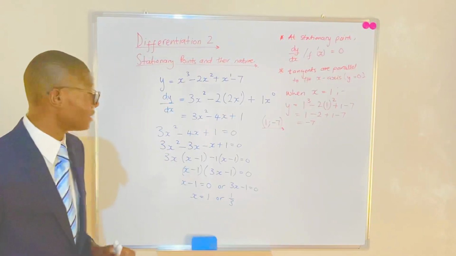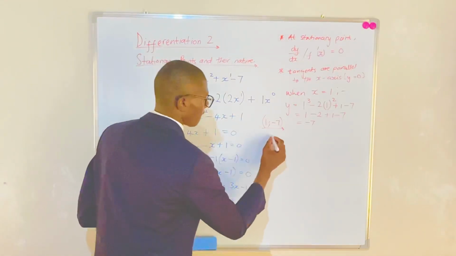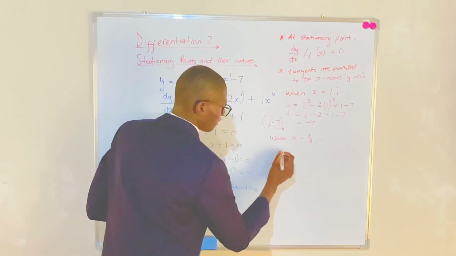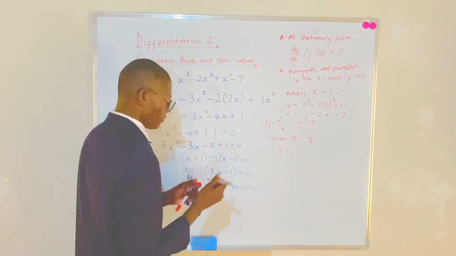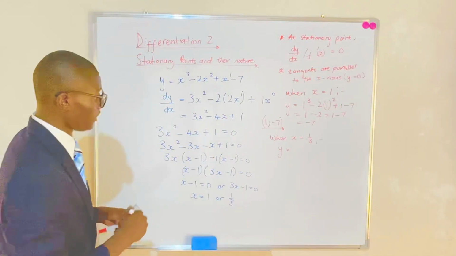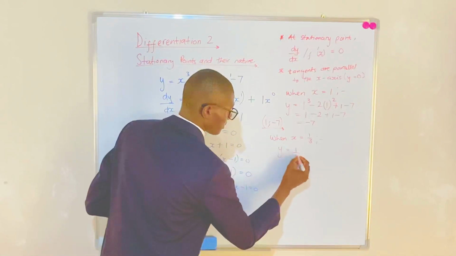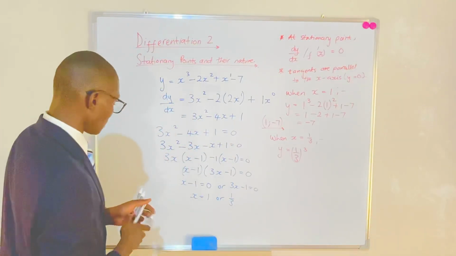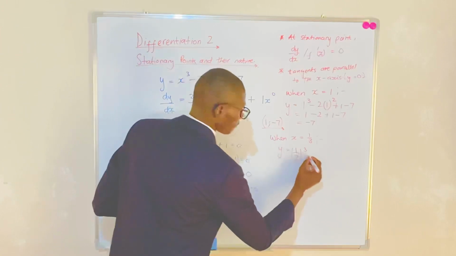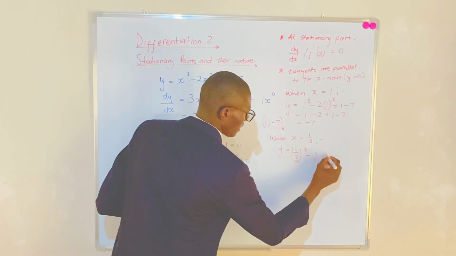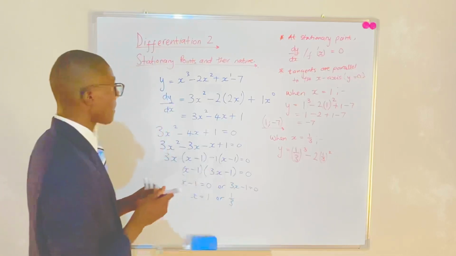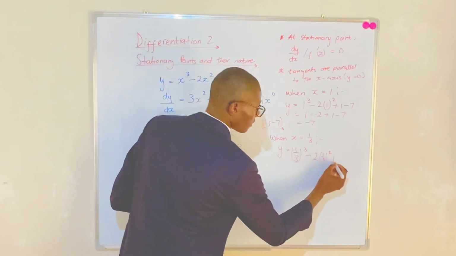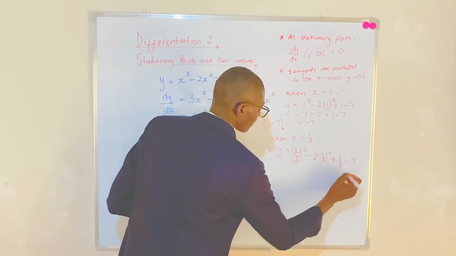when x is a value of 1/3. So when x is equal to 1/3, y shall be equal to 1/3 to the power of 3, then minus 2 times a third raised to the power of 2, then plus a third, then minus 7.